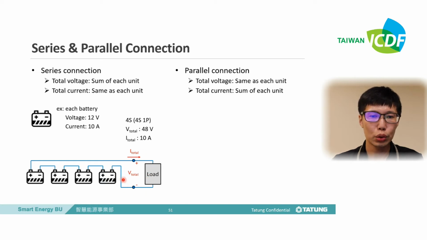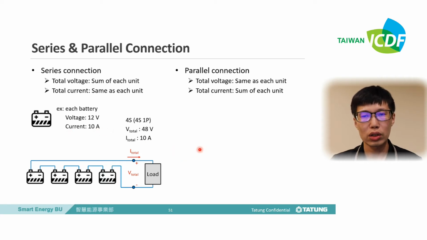So the total output voltage will be 48 volts if we connect these 4 batteries in series, because each battery voltage is 12 volts. These 4 voltages sum together, so the total voltage becomes 48 volts, and the total current will be the same as each battery, which is 10 amperes.